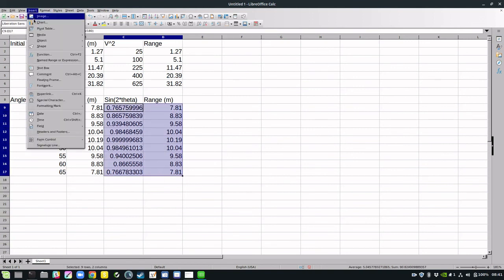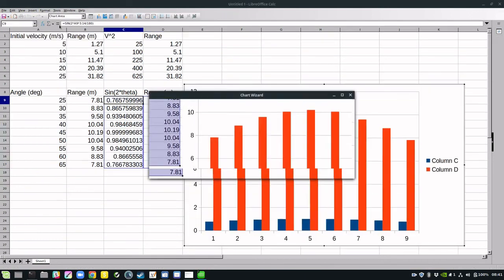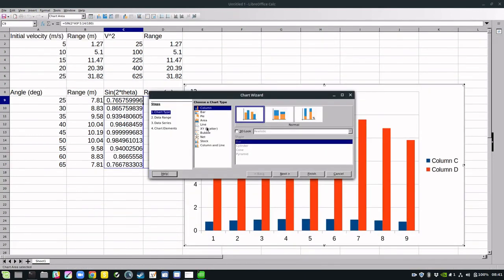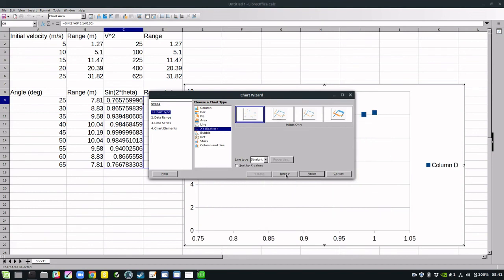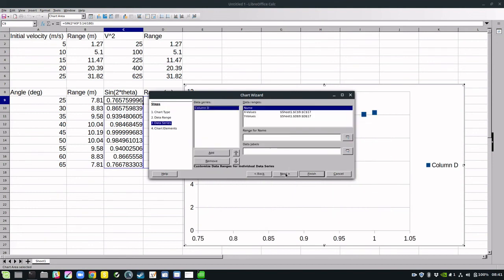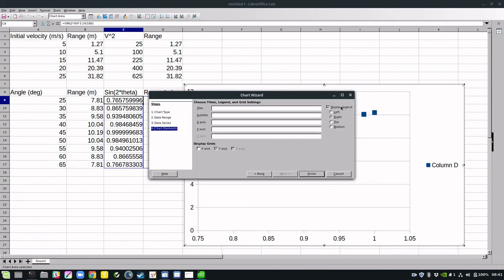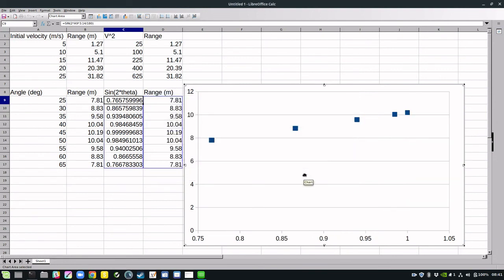We'll go to insert chart like that. XY scatter, next. Don't want to display the legend, finish. Notice that that is a linear relationship now. Oh, I see.